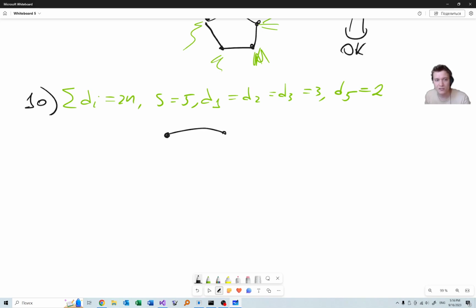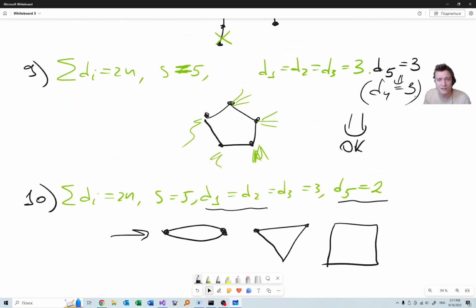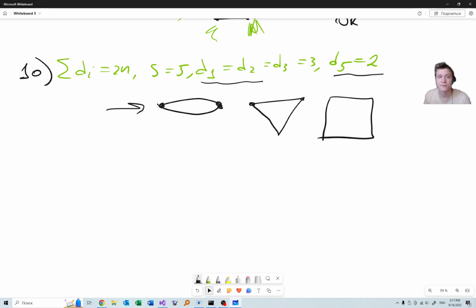Either the cycle is of length 2, yeah, because we have 2 vertices of degree 3, or this is a triangle, or this is a square. It cannot be a pentagon because d5 is 2. So one of these 3 cases. This case is kind of already considered... it is not considered, sorry.